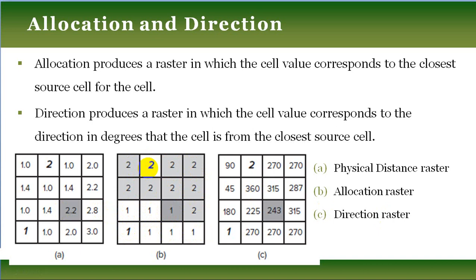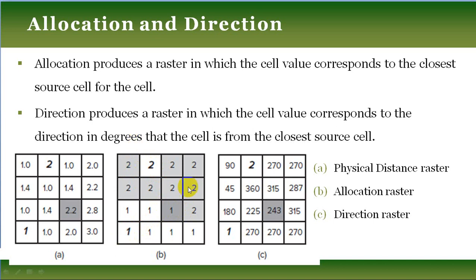Now you can argue with me, sir, what should happen with this particular cell, because this cell's distance to source 1 and 2 both are the same. That means this cell can be allocated either to source 2 or to source 1, any one. So it is your choice, either we can allocate it to 2 or to 1.